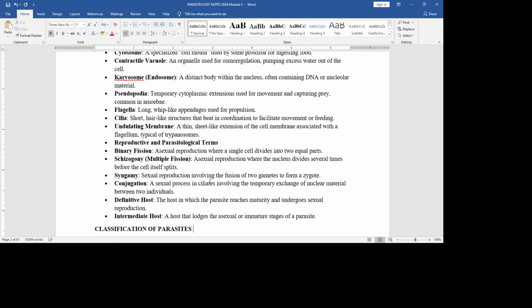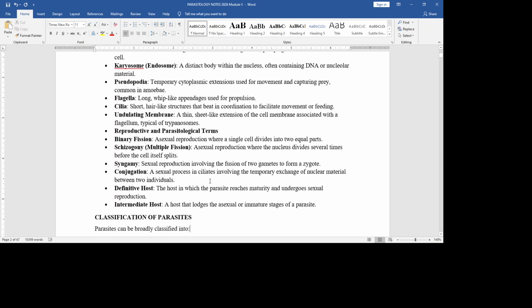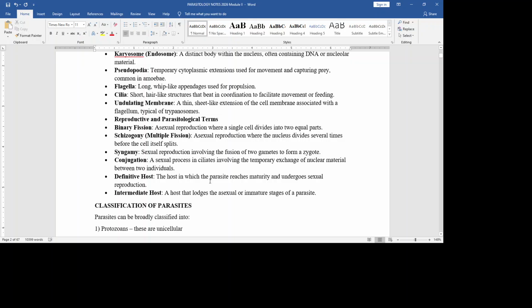Then under the types of hosts, we have the definitive host, which is the host in which the parasite reaches maturity and undergoes sexual reproduction. We also have the intermediate or secondary host, whereby the asexual and immature stages of the parasite are harbored or hosted.